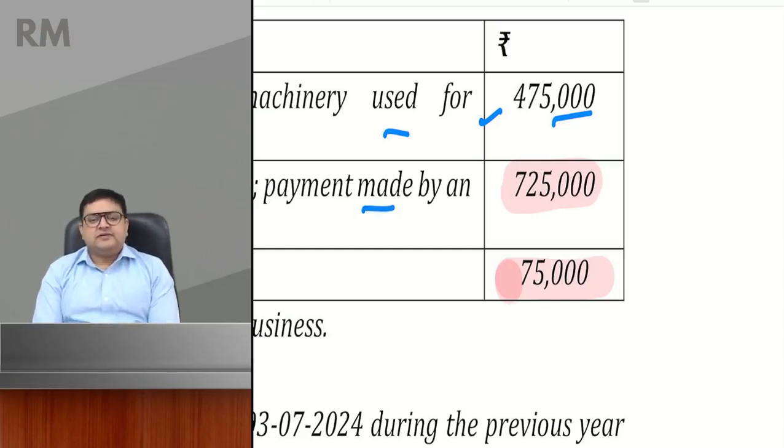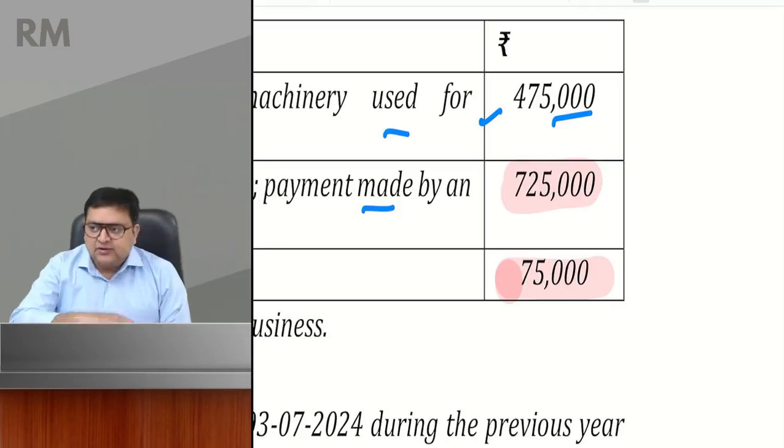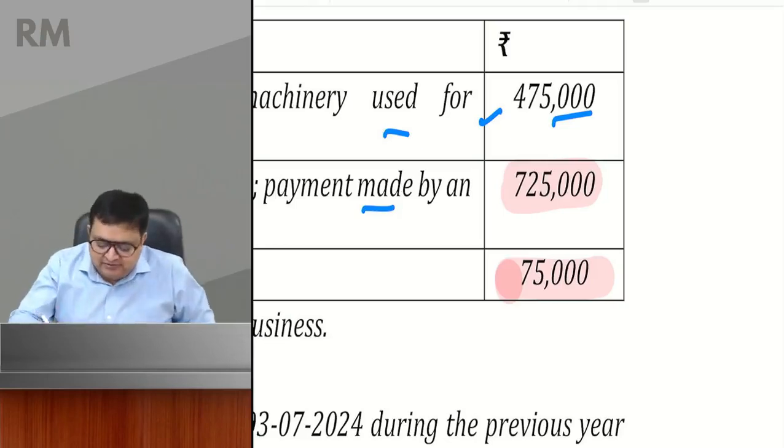So 7,25,000 into 20%, 1,45,000, is the subsidy which you have received. Now the actual cost of the asset for the purpose of depreciation would not be 7,25,000, it will be 80%. So please reduce that 1,45,000 from here.